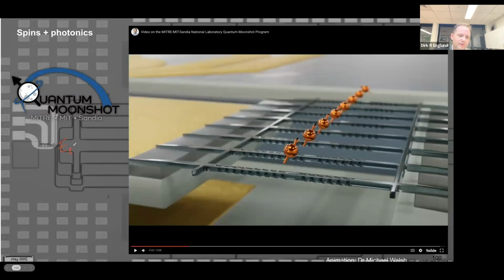The RMS electric field was proportional to 1 over the square root of the mode volume. That's what came out from our exercise towards the beginning of this long workshop.